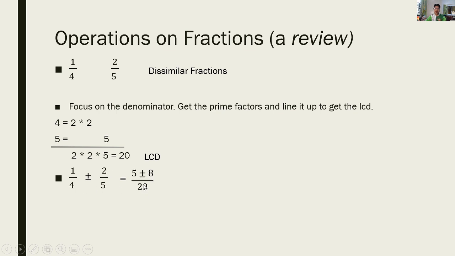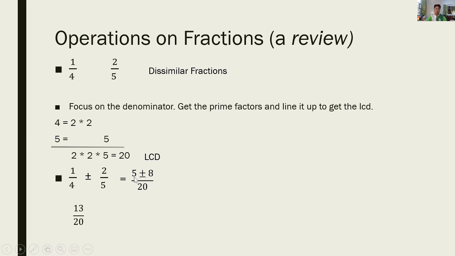Now, some of us will ask, saan po nanggaling yung 5 at saka yung 8? So for us to get this numerator, we simply divide the LCD dun sa ating denominator and then multiply sa numerator. So halimbawa, 20 divided by 4 is 5, times 1, that will give you 5. 20 divided by 5, that is 4, times 2, we come up with 8. So plus or minus.